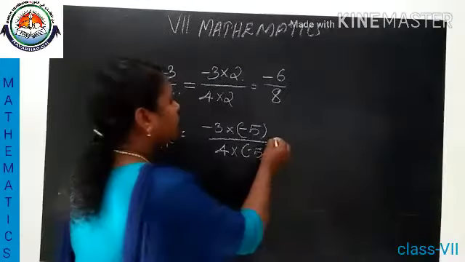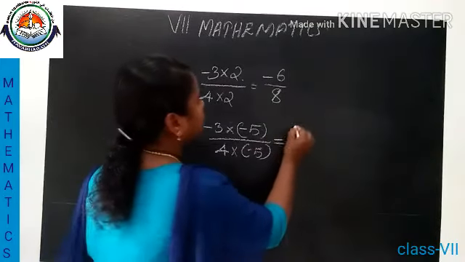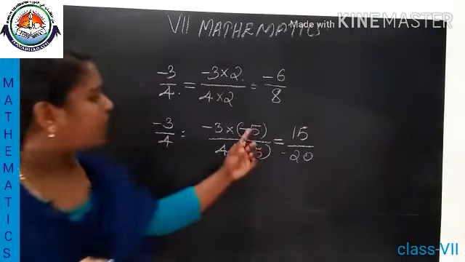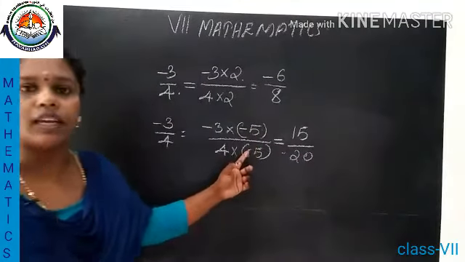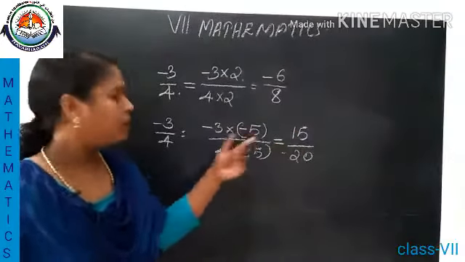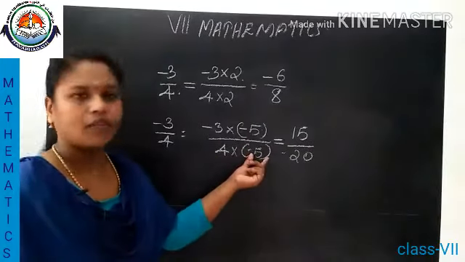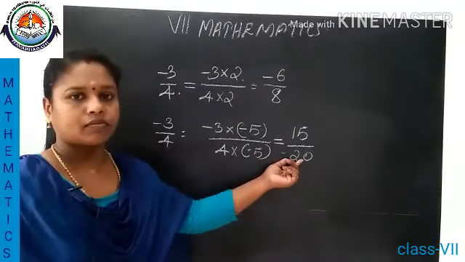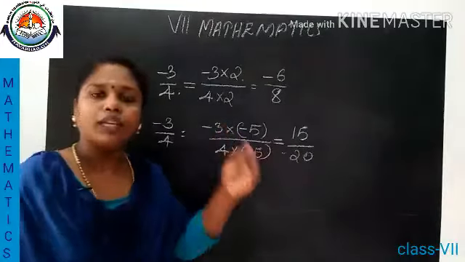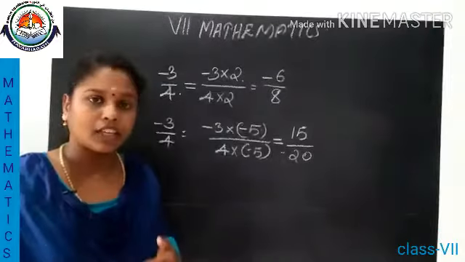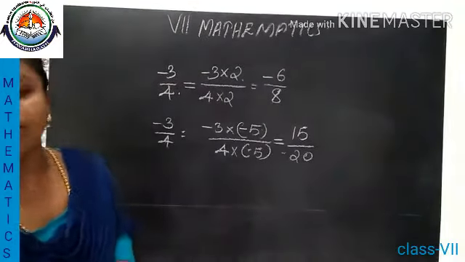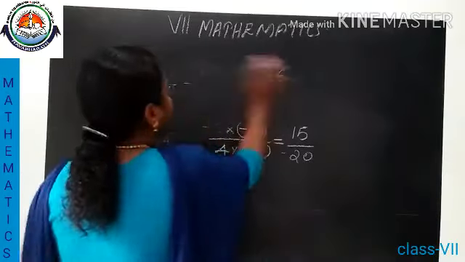Then our answer is 15 by 20. Here we multiplied the numerator and denominator by negative 5. So negative 3 into negative 5 is positive 15, but 4 into negative 5 is negative 20. So if we multiply a negative number in the numerator, we have to multiply the same negative number in the denominator also. Okay, so we have discussed equivalent rational numbers.